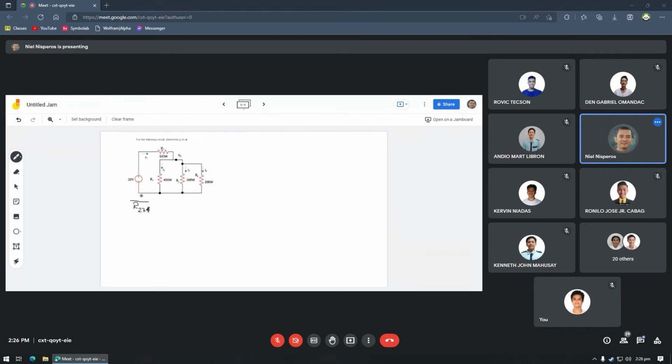So 1 over R2, 3, 4 is equal to 1 over 400 plus 1 over 200 plus 1 over 200. So pila man ang total ni R2, 3, and then 4?